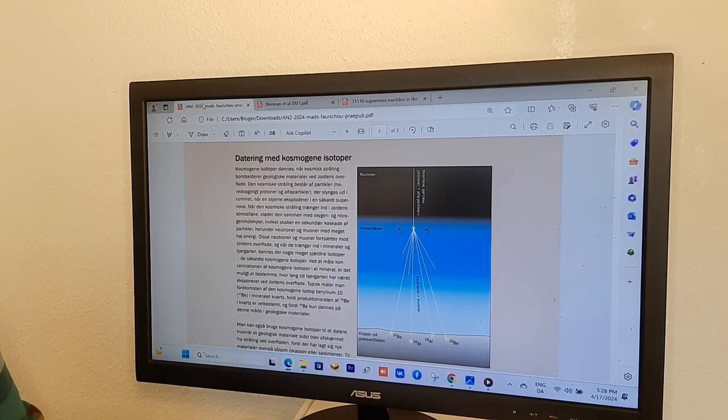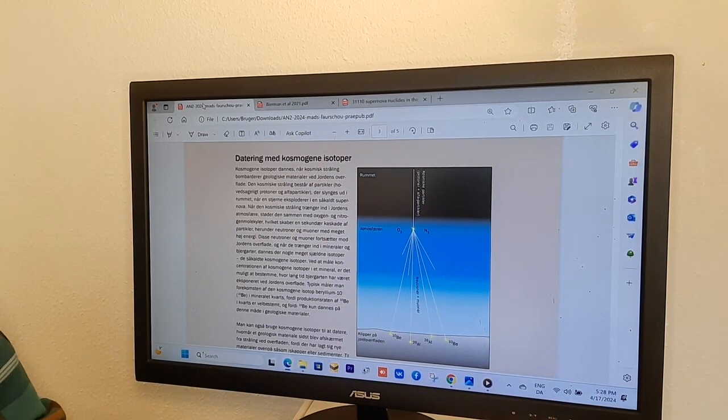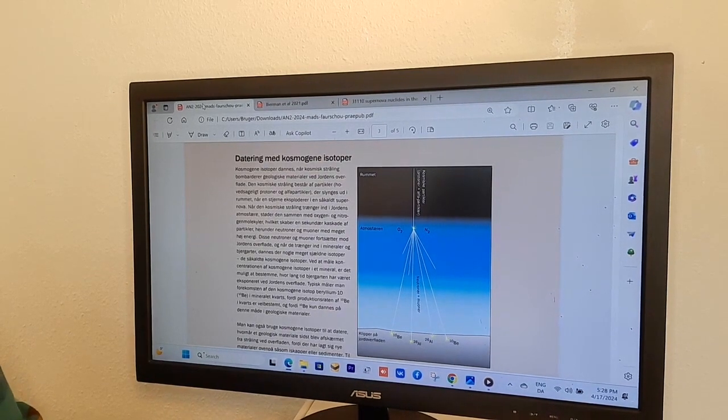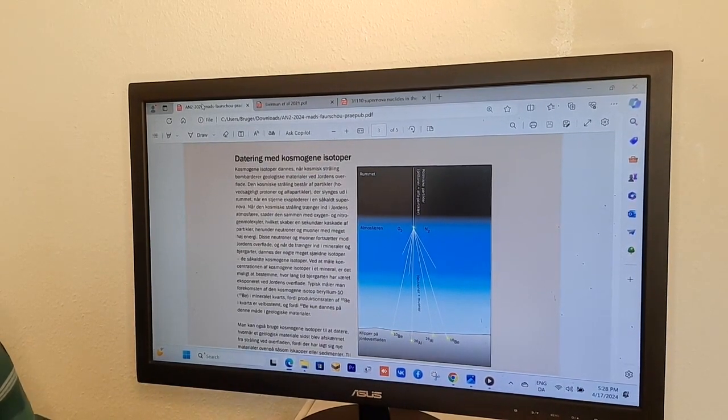Okay, so we are talking about cosmic rays, and we are talking about the cosmogenic dating method. Cosmogenic means formed by cosmic rays. Genic means formed by.